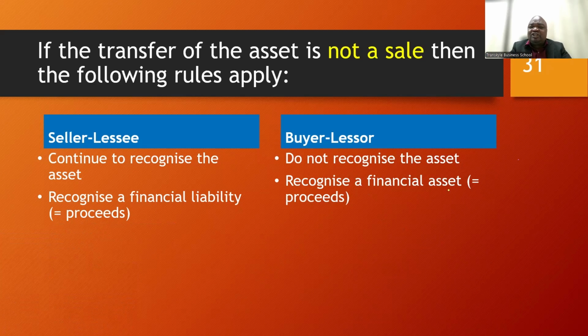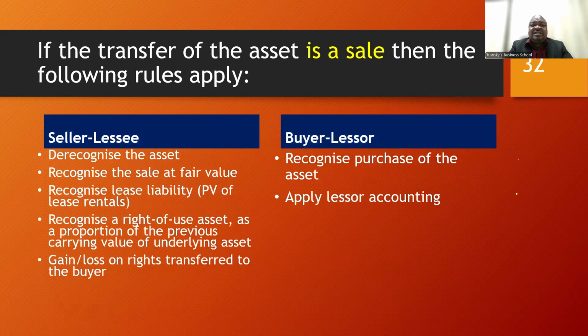So he has got a financial asset on the future proceeds to come. Is that clear? When the money is repaid, he gets his money back, but he has no asset to recognize in his books. Is that clear?